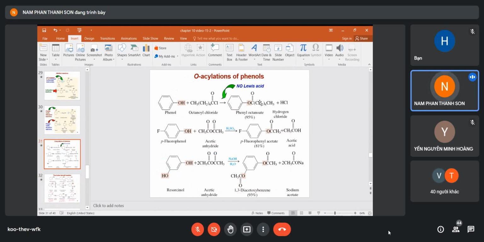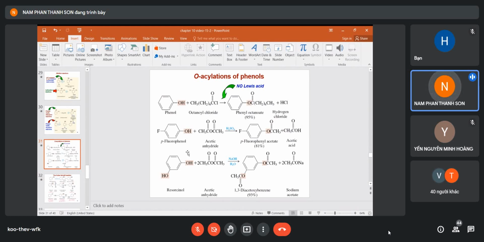Phenol has the OH, so phenol should have some similar reactions to alcohol. One of the most famous reactions of alcohol is the esterification reaction. We can carry out the esterification reaction between phenol and acyl chloride or anhydride. We don't use carboxylic acid.